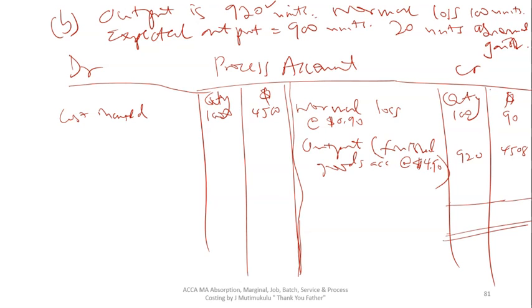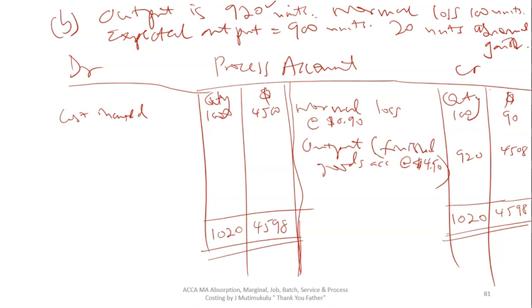So we are having here 1,020 and a total value of, if you add up, 4,598. So we just have to take these figures as they are, 4,598.